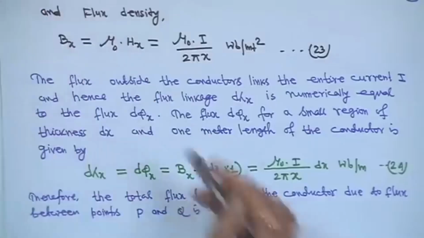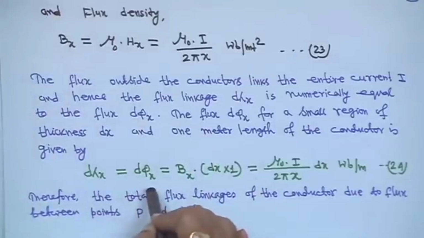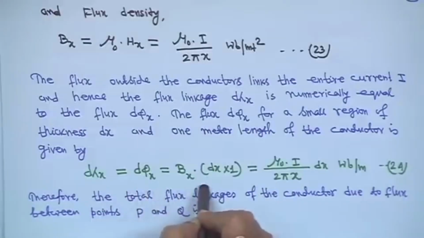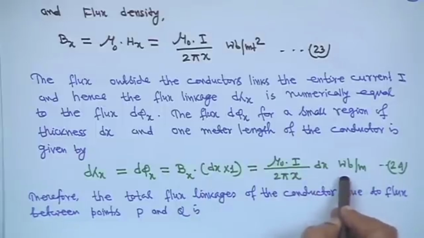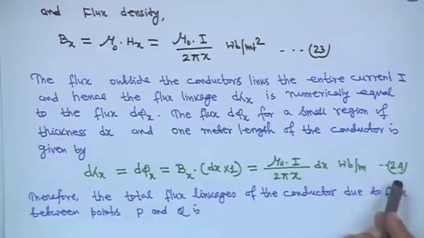Then if you fold it, this is dx into 1, the cross sectional area. So, in this case, same as before, d lambda x is equal to d phi x is equal to Bx into dx into 1. You substitute Bx again: mu 0 I upon 2 pi x dx, this is Weber per meter. So, this is equation 24.